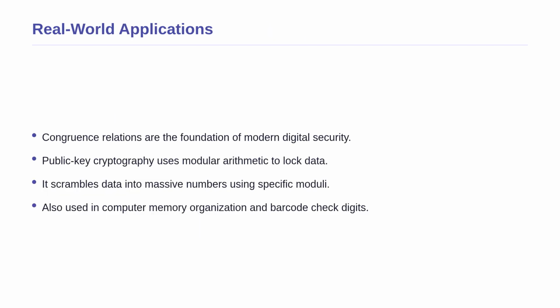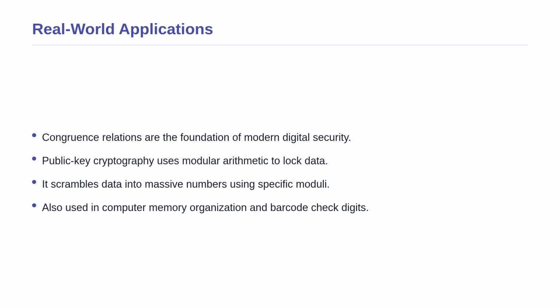Now that we have used these properties to solve problems, you might wonder why mathematicians spend so much time developing a system just to track remainders. The truth is, congruence relations are the absolute foundation of modern digital security. Every time you send a secure message, log into your bank account, or buy something online, your computer uses public key cryptography. This is a method of locking data using complex math.